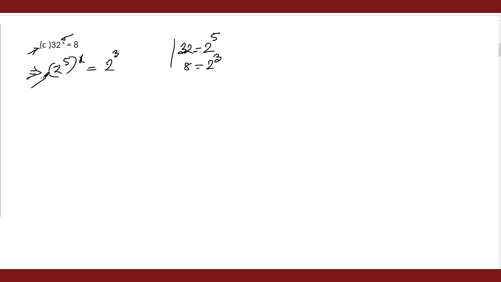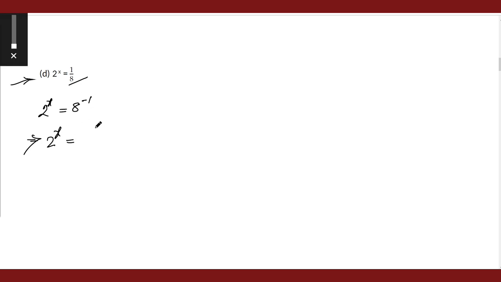From both sides we have the same bases, so the powers must be equal, and that is 5x is equal to 3. So x is equal to 3 over 5, and that is our answer.